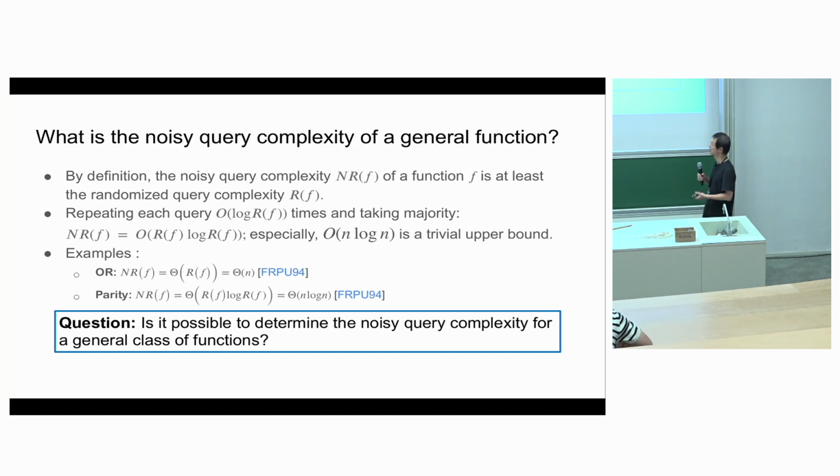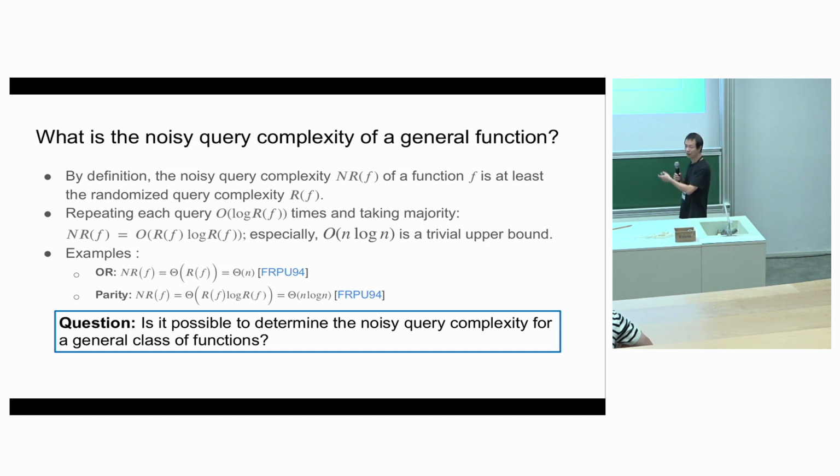This gives you a trivial upper bound of order R_f times log R_f. And because the randomized query complexity is always at most n, order n log n is a trivial upper bound. But if you look at specific functions, sometimes even if their randomized query complexity is the same, their noisy query complexities are actually different.